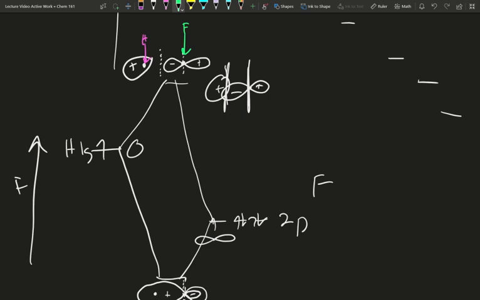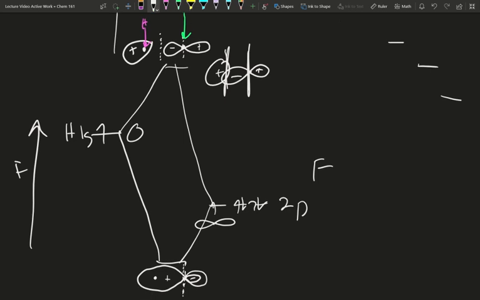More nodes were higher in energy. And that's what we see. We've seen that with all the MOs. The lower energy ones had less nodes than the higher energy ones, at least for the same orbitals overlapping. In our case, though, these are sigmas. We have a sigma bonding and we have a sigma antibonding.